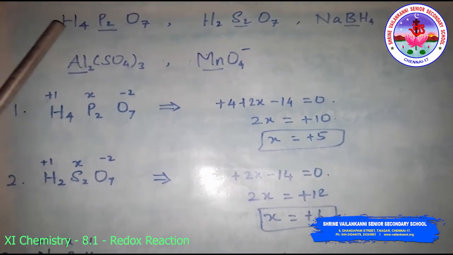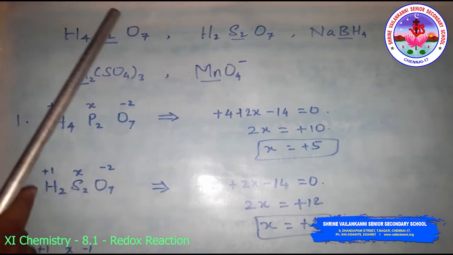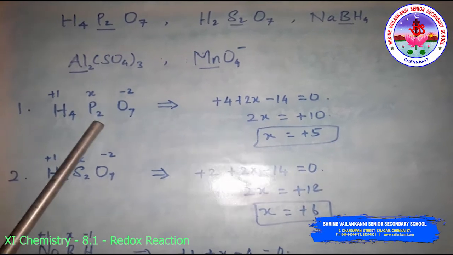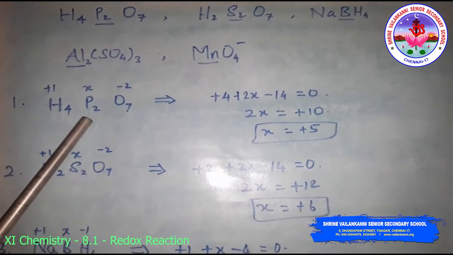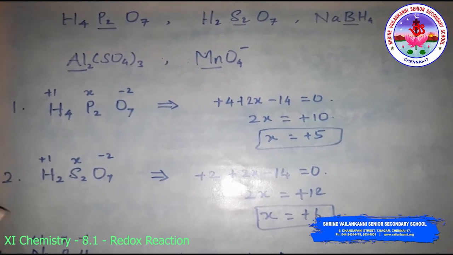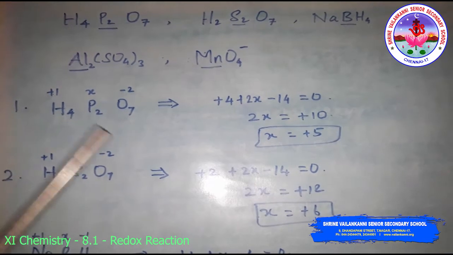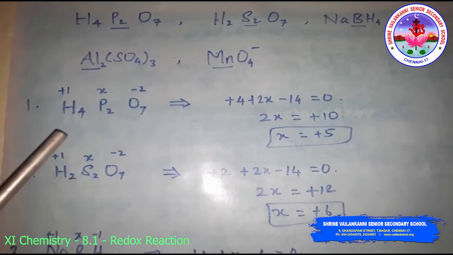So in H4P2O7, what is the oxidation state of phosphorus? Here you have to find the oxidation state of phosphorus, so put x. For hydrogen, we already know the oxidation number from the rule, +1, and oxygen is most commonly -2.